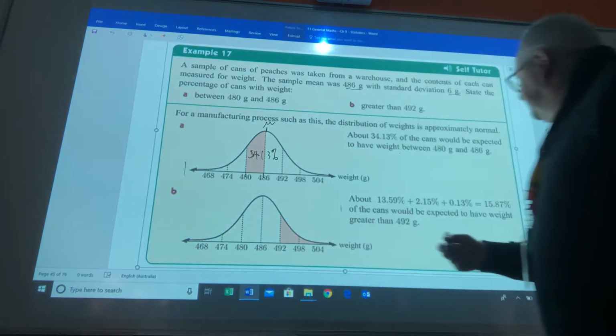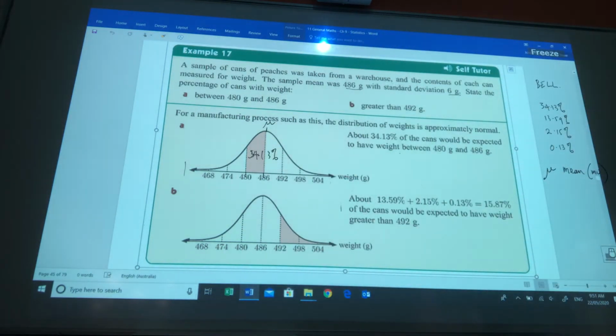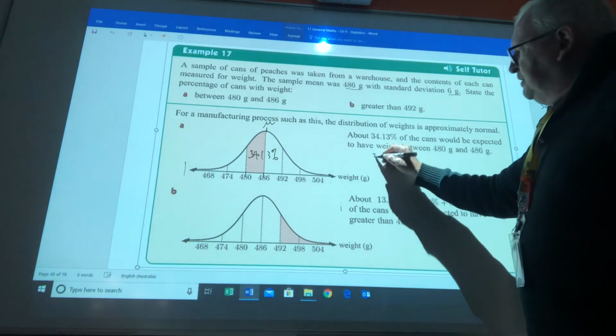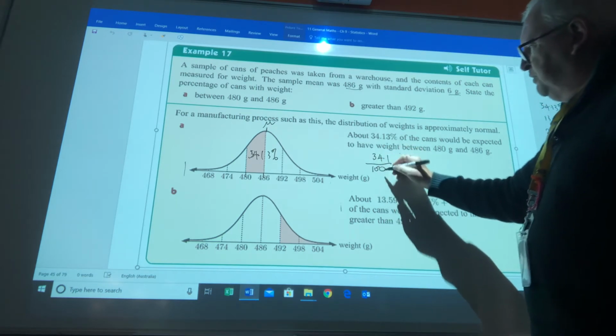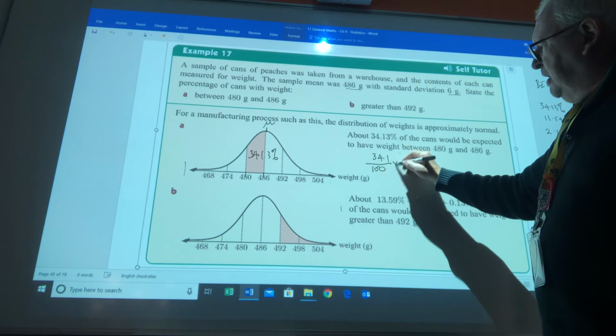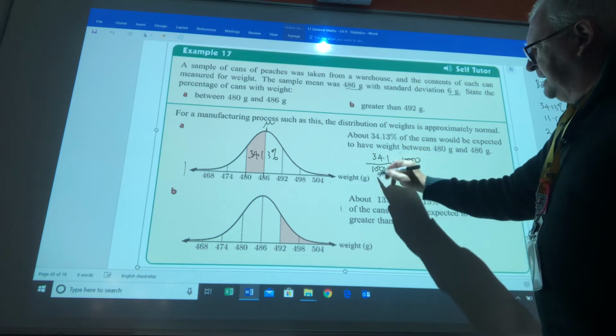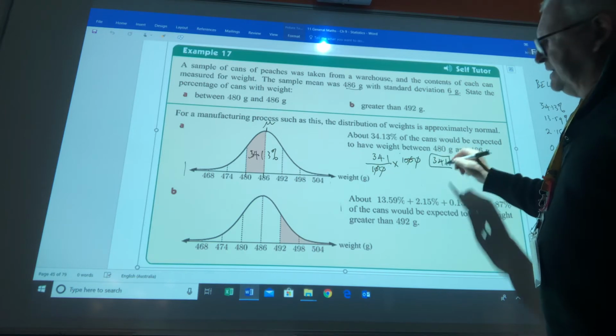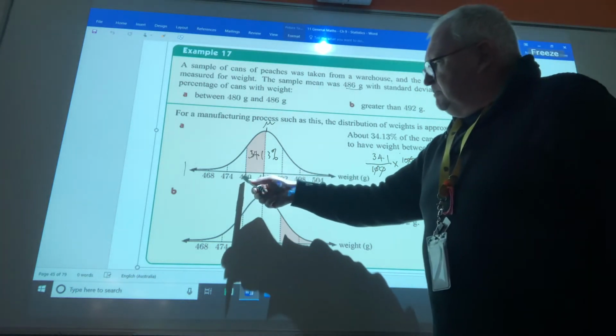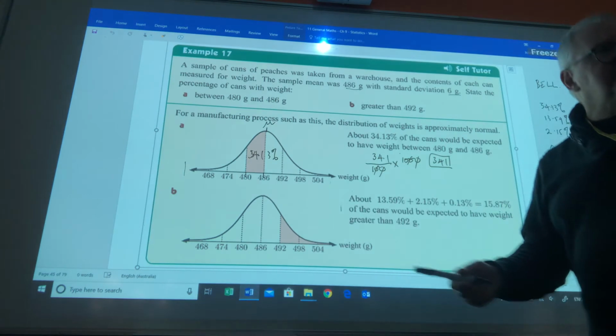Now, just out of interest, if you tested 1,000 cans, that means 34.1 over 100, that's 34.1%, times the 1,000 cans, cancel, cancel, cancel, cancel, that means 341 cans will be between 480 grams and 486 grams.